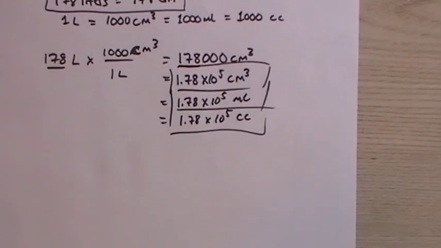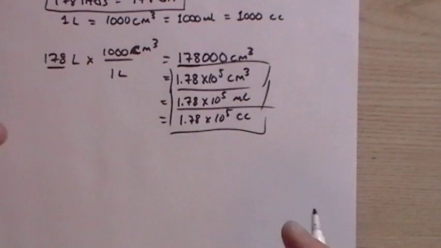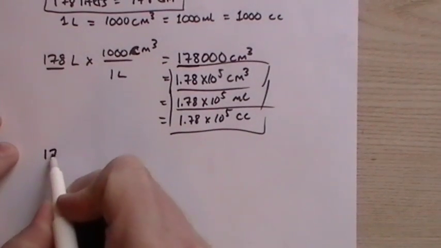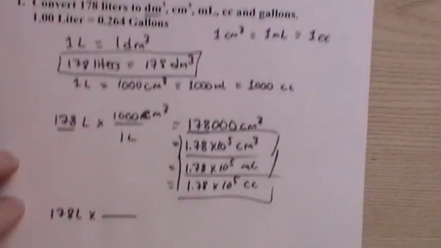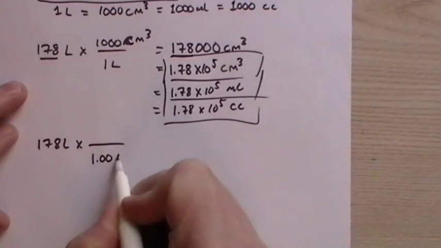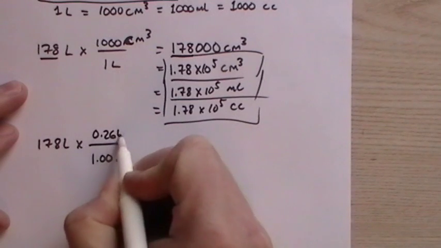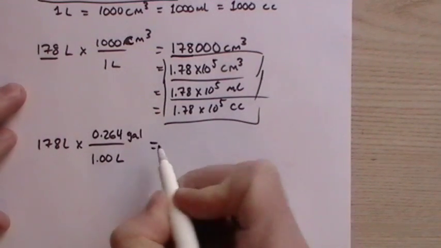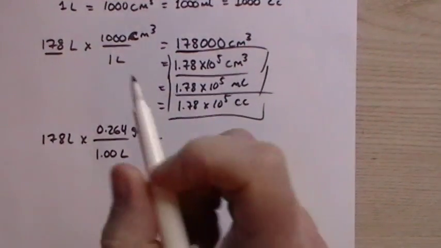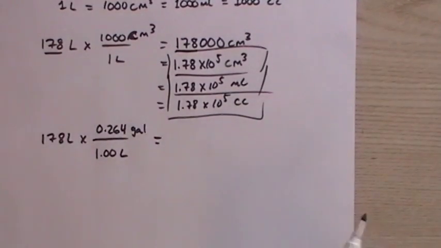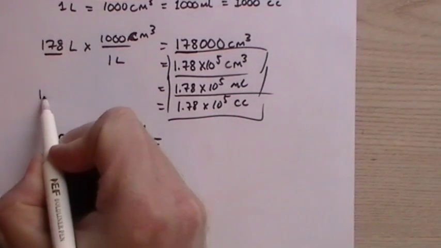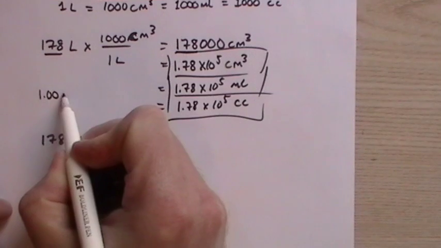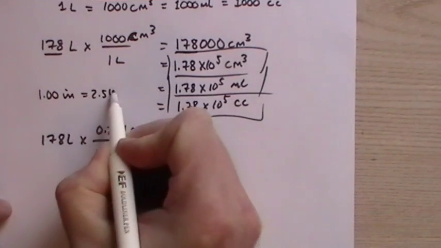So we've done decimeters cubed, centimeters cubed, mils, cc's, now gallons. 178 liters, and as it's stated above here, 1 liter is 0.264 gallons. We'll just write it GAL. And that's not exact. When you go from metric to English units, generally the relationship is not exact. There's one that is, though: 1 inch is 2.54 centimeters.